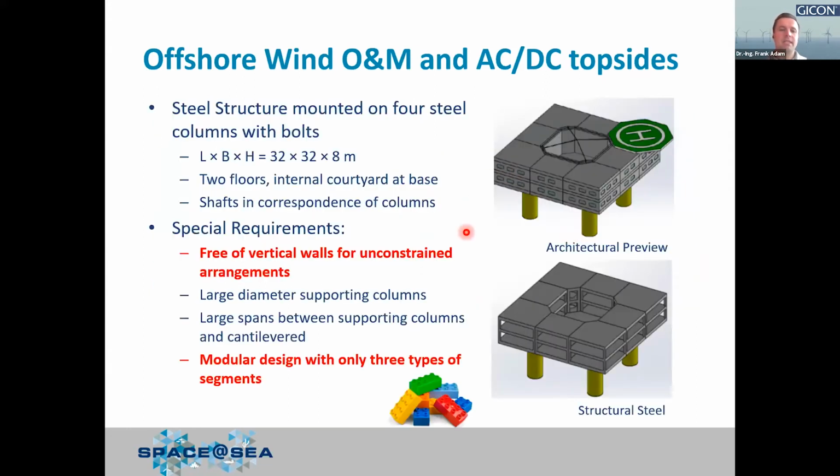Some key data with regard to this topside are summarized on this slide. We are talking about a topside with a ground area of 32 times 32 meters and a height of 8 meters on 2 floors. In addition, and this is something which can be seen here, we designed the complete topside in a way that we are connecting the floors via beams and not with walls.